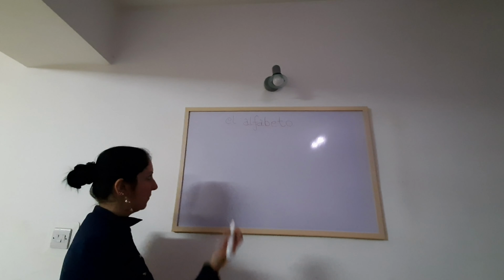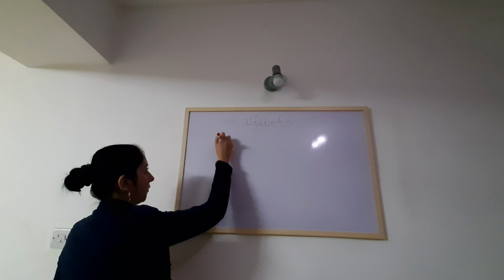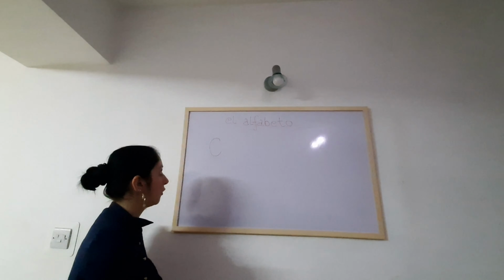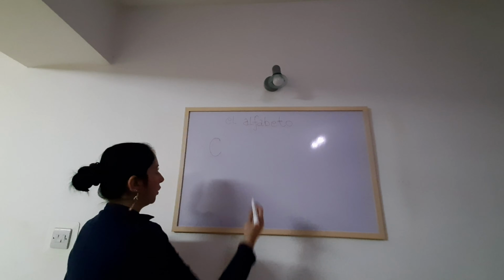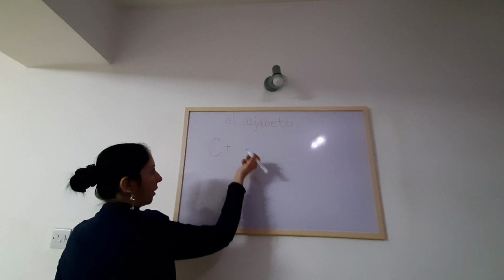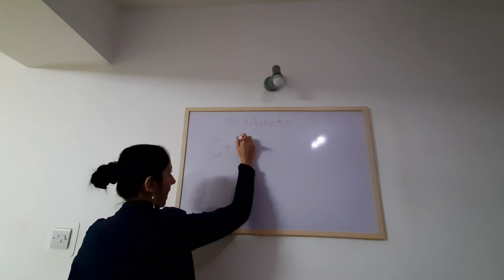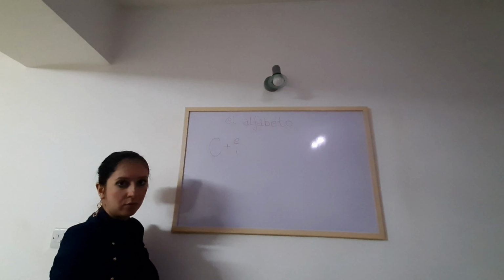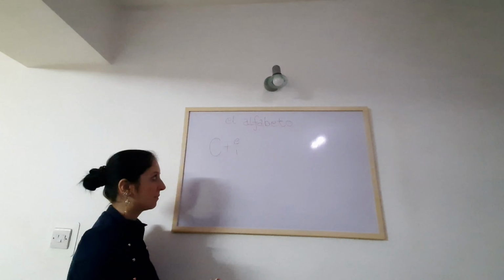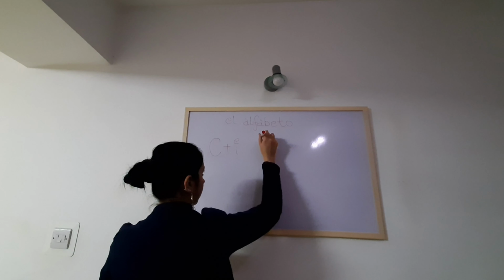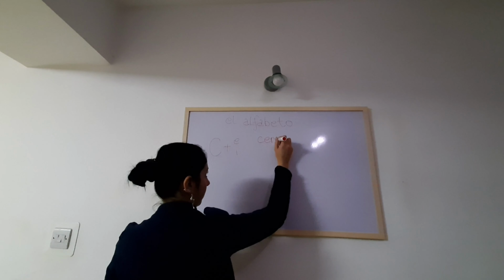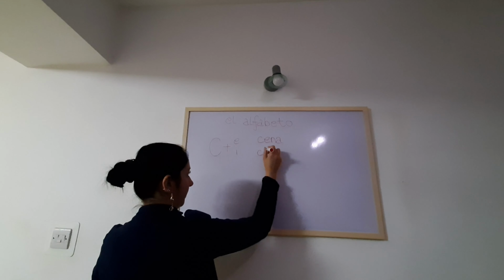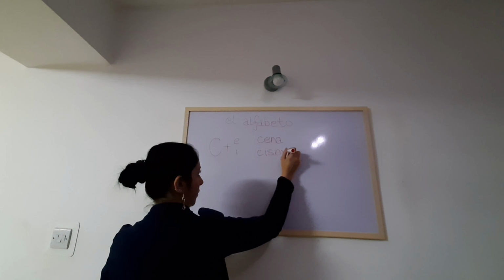Now the letter C can be pronounced differently, depending on what letter follows. So if it's followed by the vowels such as E or I, it is pronounced as S. For example, cena, which means dinner, or cisne, which is a swan.